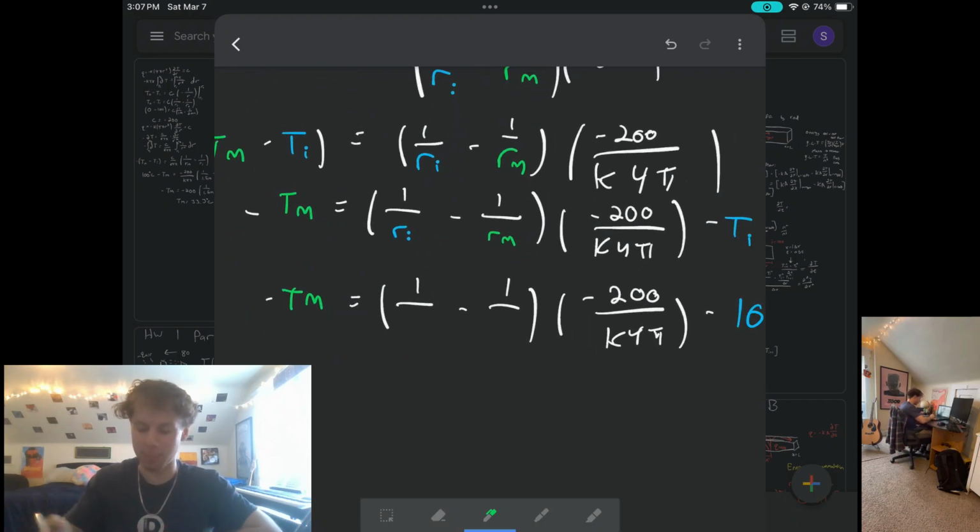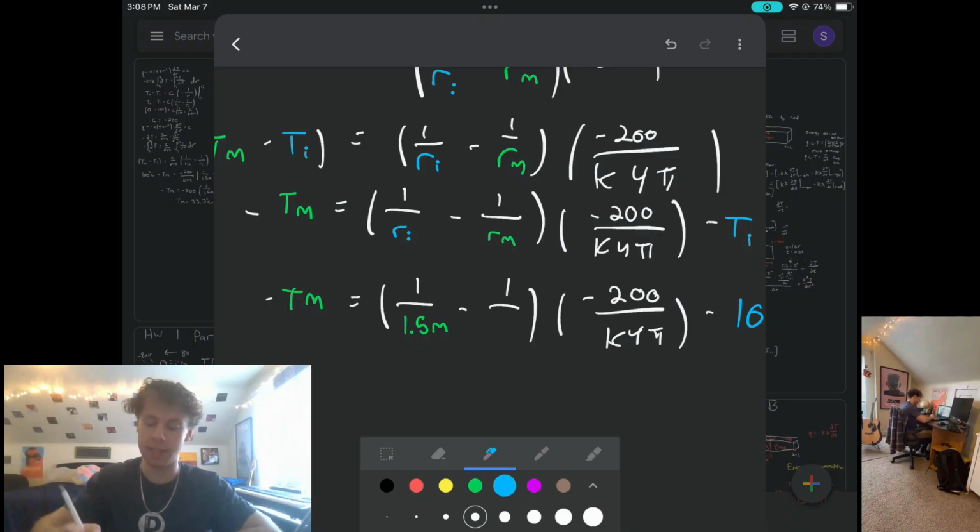Okay, I'm realizing I messed up. This will be 1 over our midpoint, so 1.5 meters, the reciprocal of our midpoint minus the reciprocal at the inner surface.